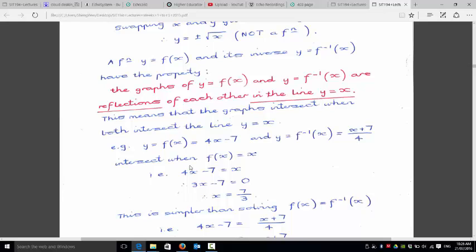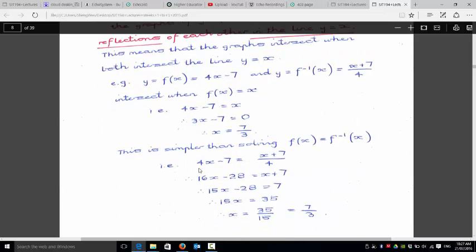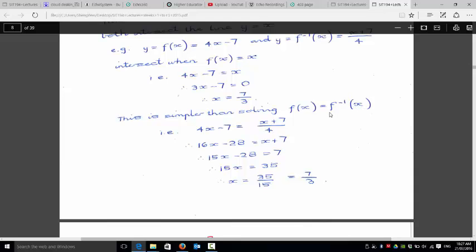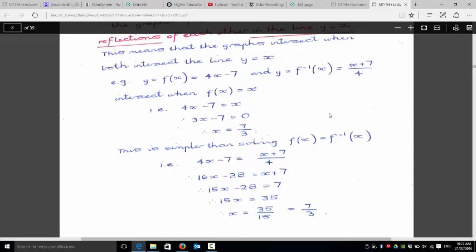You can substitute x is equal to 7 over 3 into f(x) and the inverse function of f(x), that is f minus 1 of x, to see whether f(x) is equal to f minus 1 of x. Sure, you can see they are equal to each other.